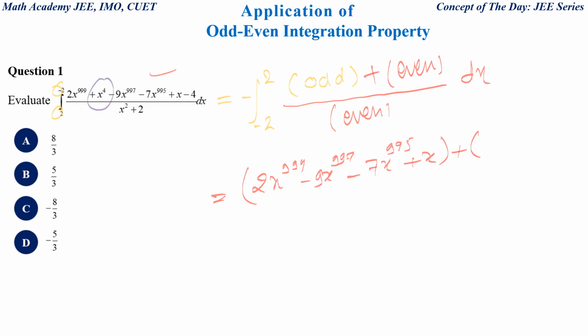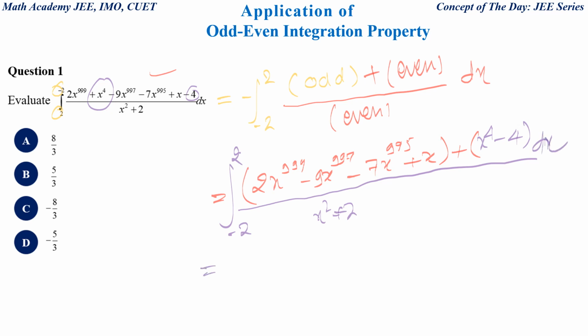You can observe x to the power 4 is an even function, and minus 4 we leave as it is, divided by x square plus 2, which is even. The limit of integration is minus 2 to 2, and here write dx. Just observe this part, and we can split this part and this part into separate integrals.